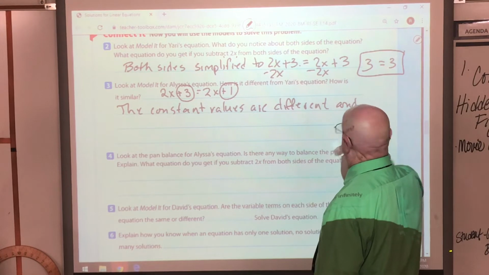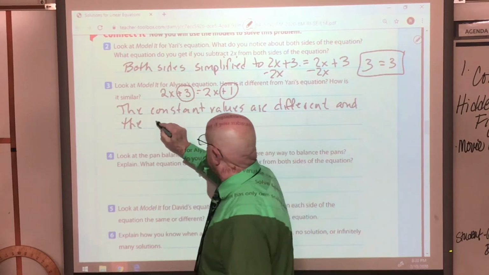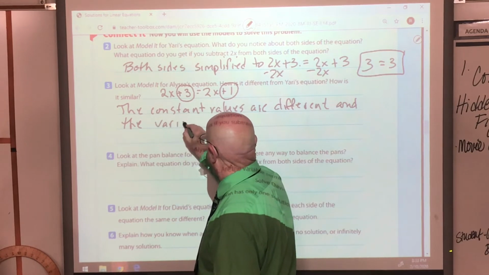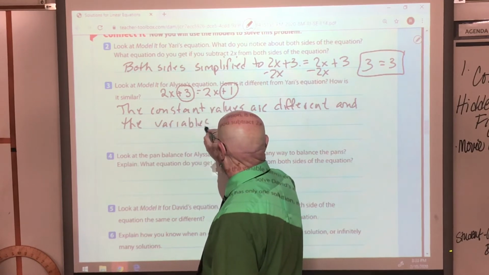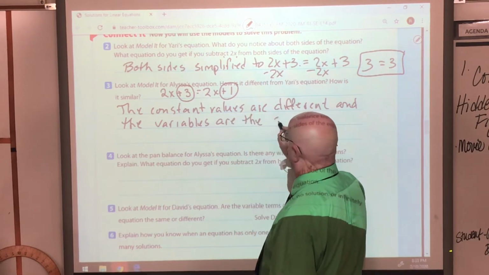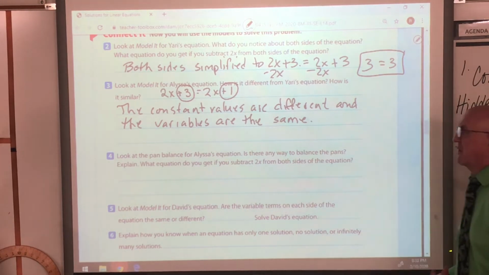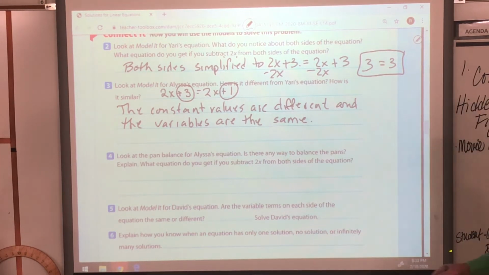And the x values, the variable values, are the same. All right, and because of that, we know that we have no solution on this one.